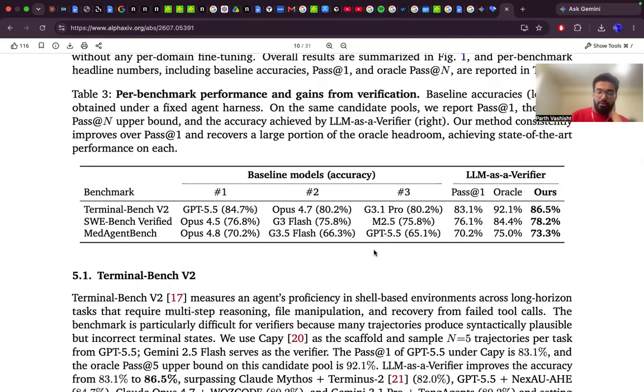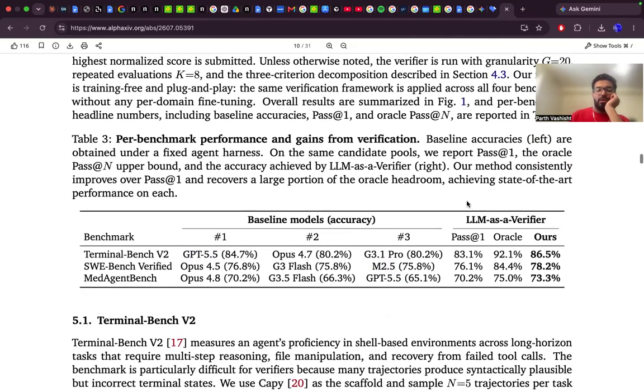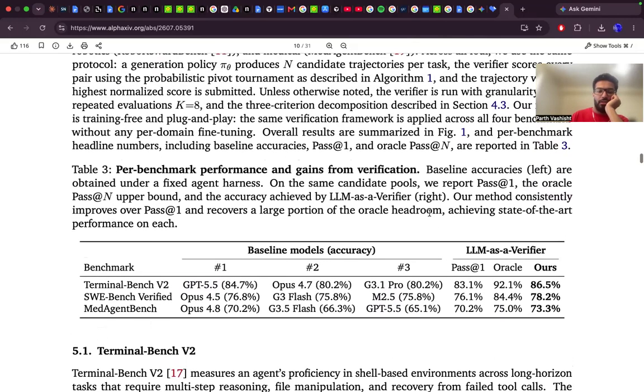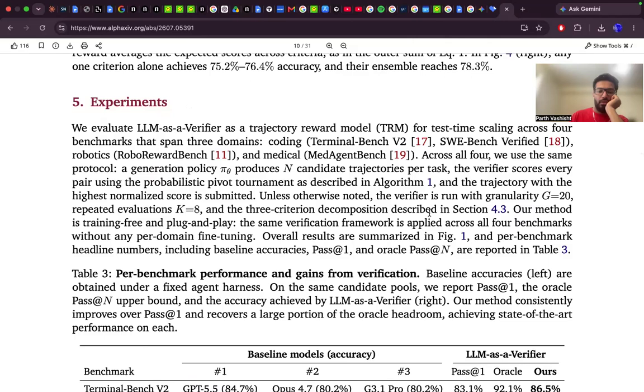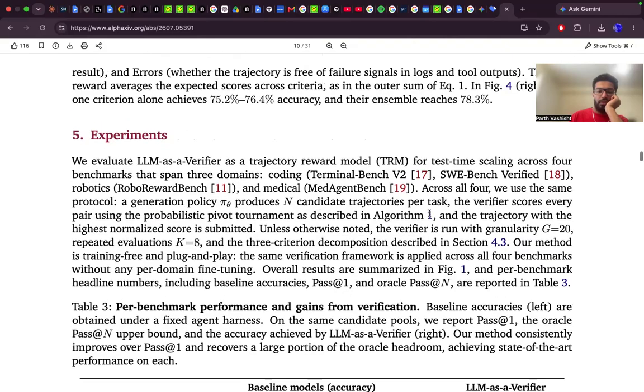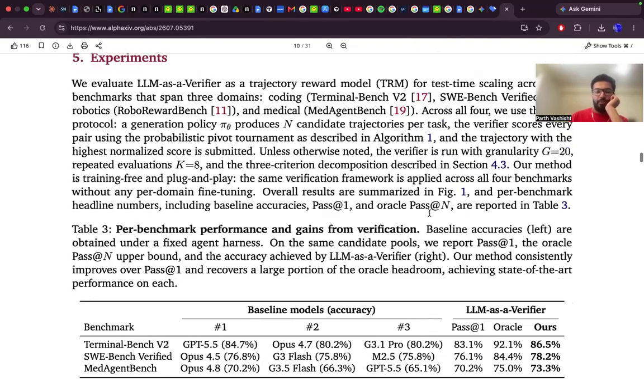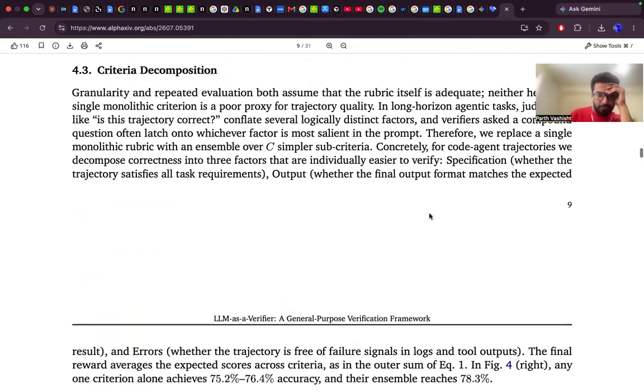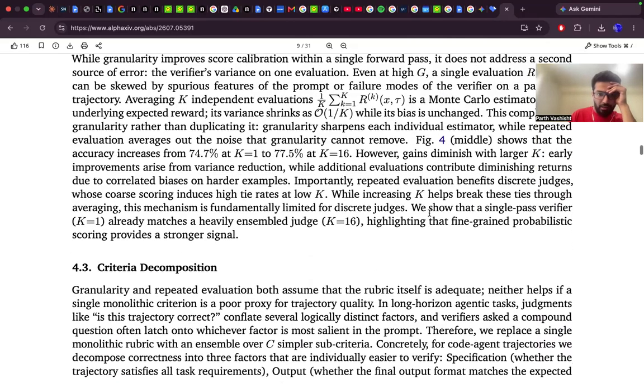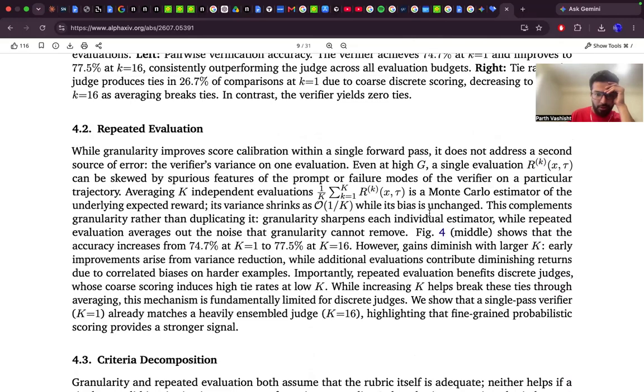Okay, so these are the baseline model accuracies in this. And if we use these models, oh, but they use Gemini 2.5 Flash, right? If I remember correctly. I think it was mentioned much earlier somewhere.